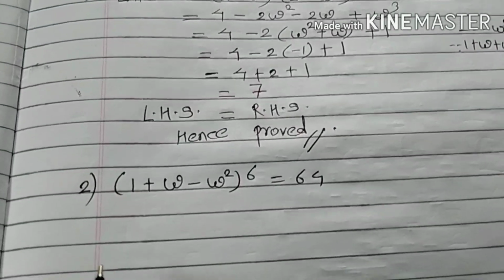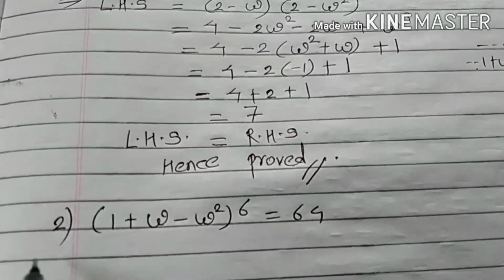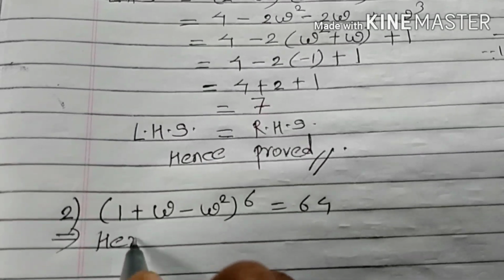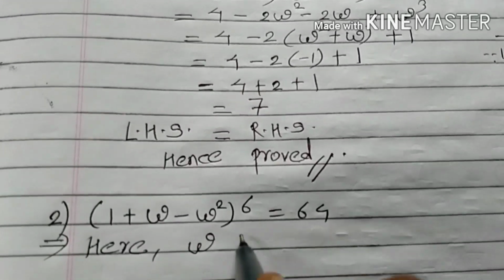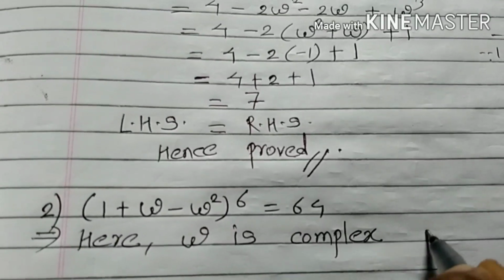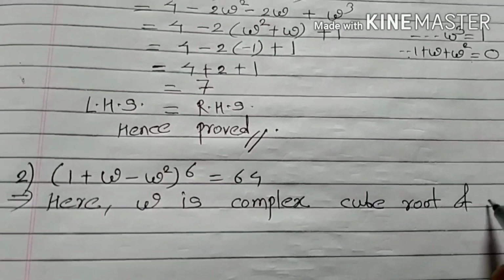Now next example: 1 plus omega minus omega square, raised to 6, is equal to 64. Here omega is a complex cube root of unity.